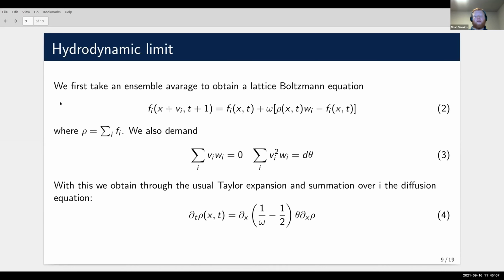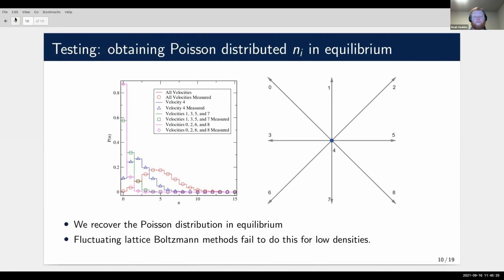And when we Taylor expand this, we end up with the standard diffusion equation, the derivative with respect to t of rho of x, t equals the derivative with respect to x of (1 over omega minus 1/2) theta times d_x rho.